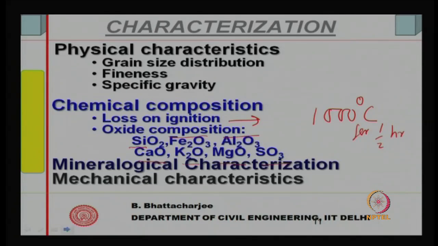Then of course, mechanical characteristics, that is most important. Mechanical characteristics are something like how much strength potential they have with cement, let us say, or with lime. So, we will look into some of these mechanical characterizations.